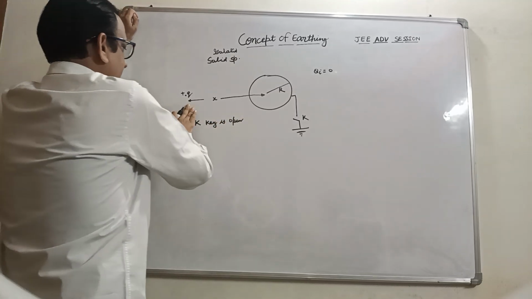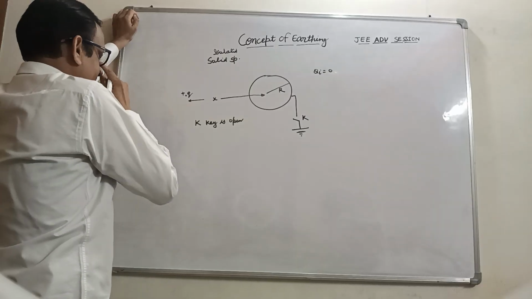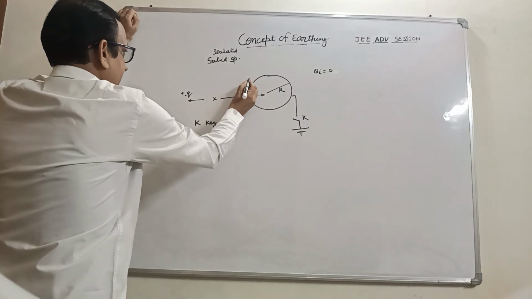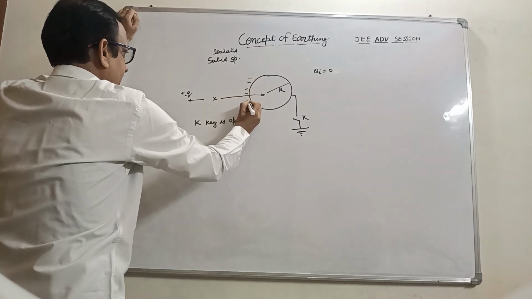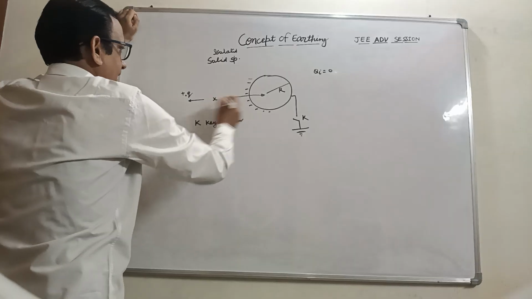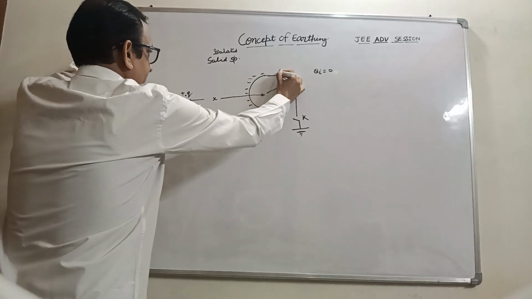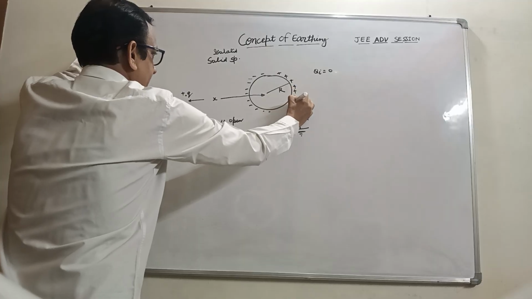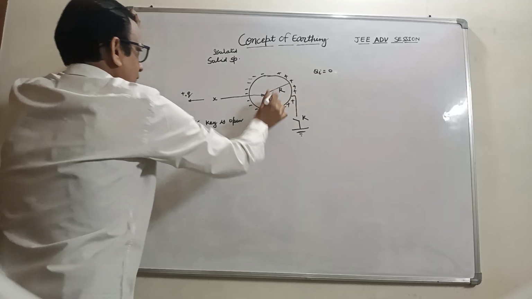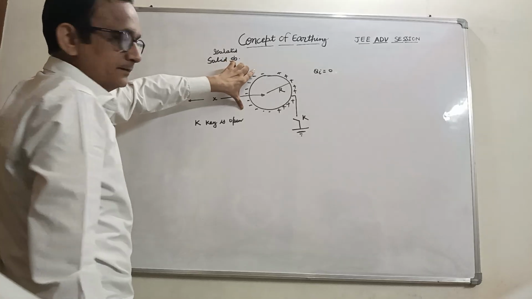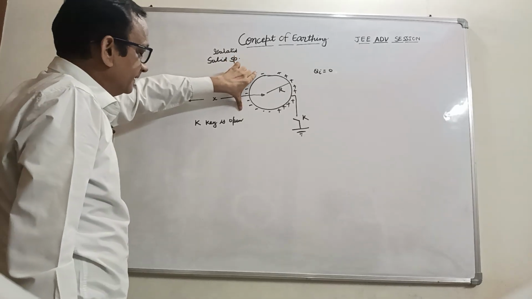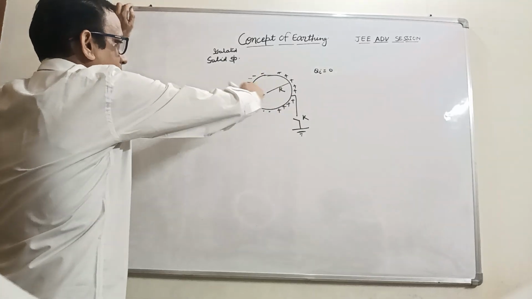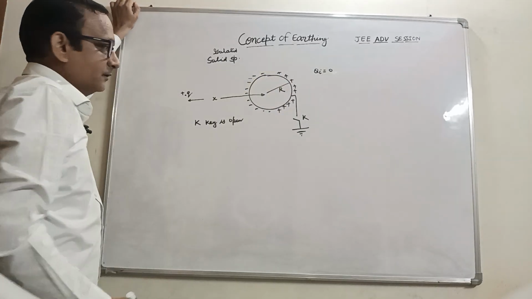While placing a charge at distance x from the sphere, negative charge is induced on this side and positive charge is induced on the opposite side. This is the positive charge. At that position, the total charge on the surface of the sphere is zero.